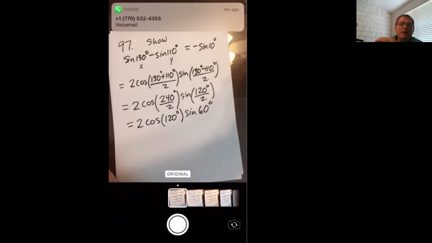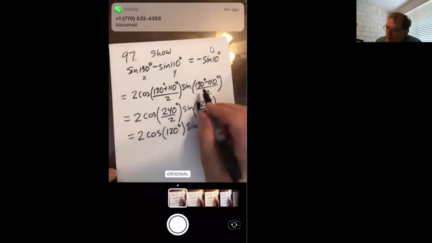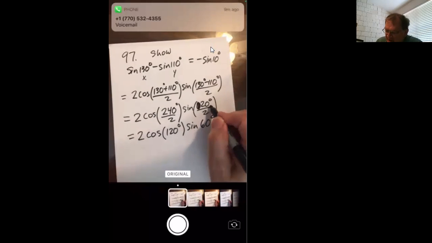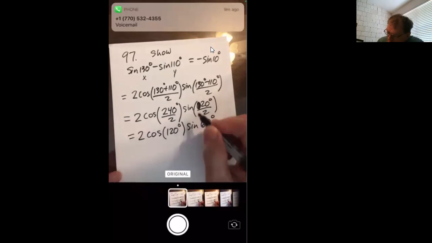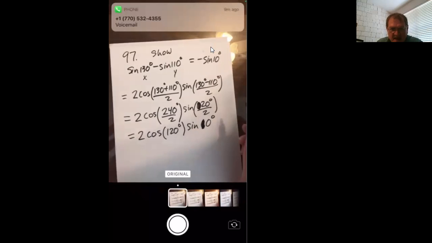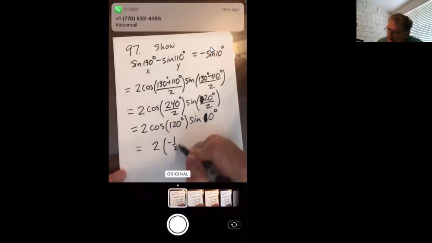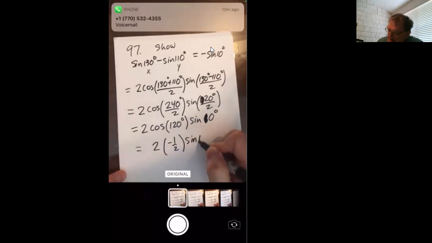Just a minute. Okay, found my idiot mistake. 130 minus 110 is 20 degrees, not 120 degrees, which makes this sine of 10 degrees. Okay, cosine of 120 is negative a half, twice negative a half, and then sine of 10 degrees.